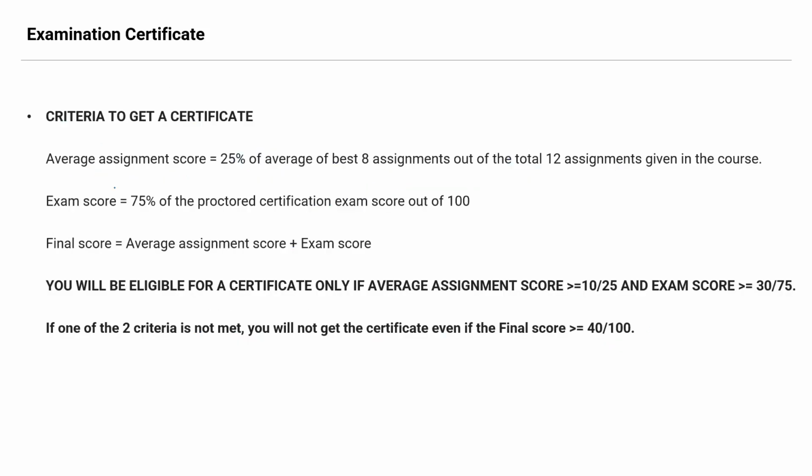Going further, now there is a certain criteria to get a certificate, right? We are having these internal assessments, then you also have your proctored examinations. Each and everything carries certain weightage, right? So I'll explain this because it is important, in as simple words as possible.